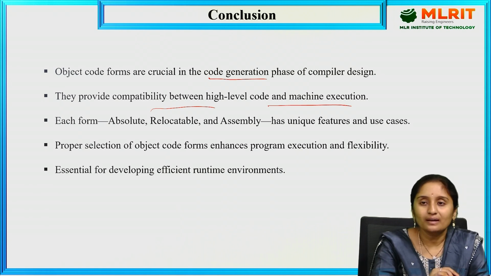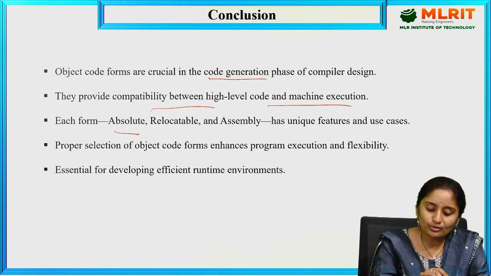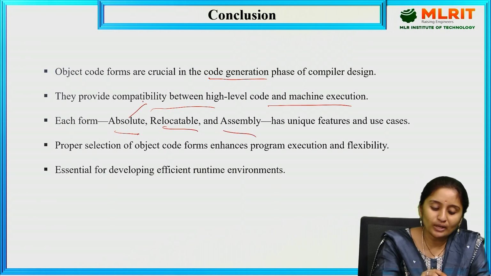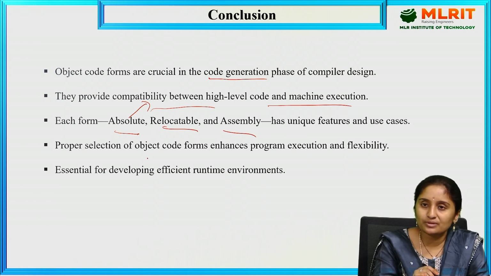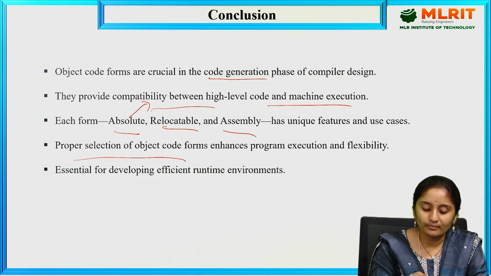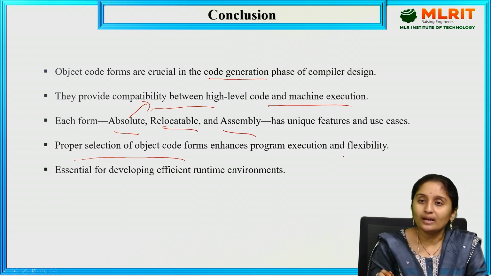The different forms are absolute code, relocatable, and assembly code, and each one has unique features and different use cases. Proper selection of object code form enhances program execution and flexibility.